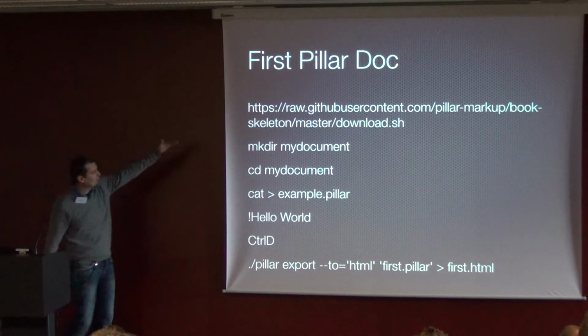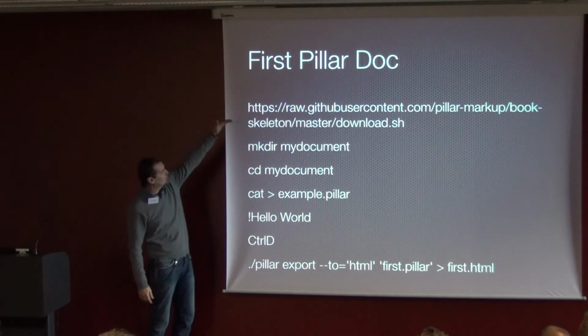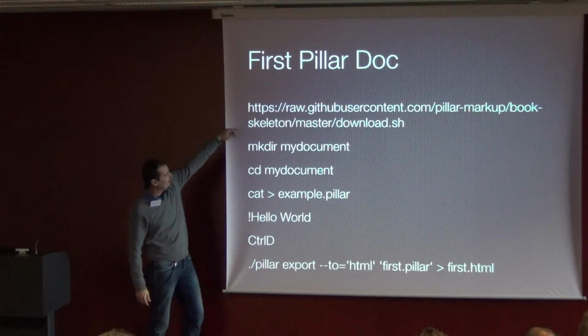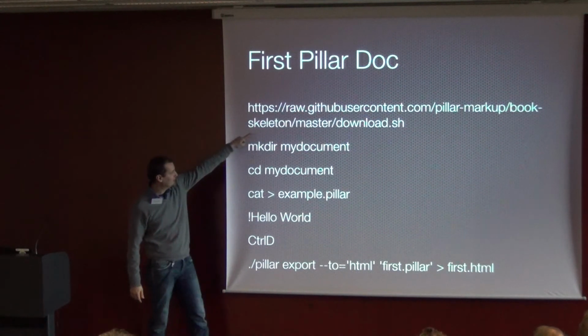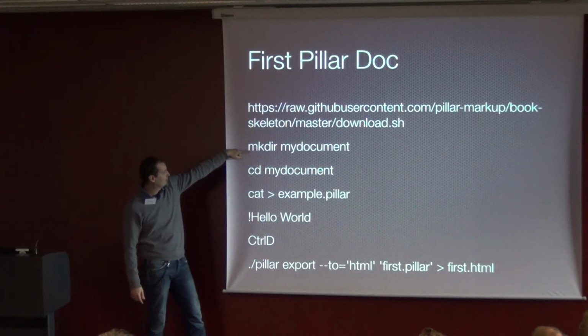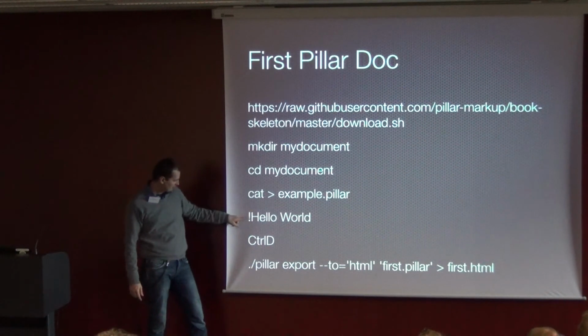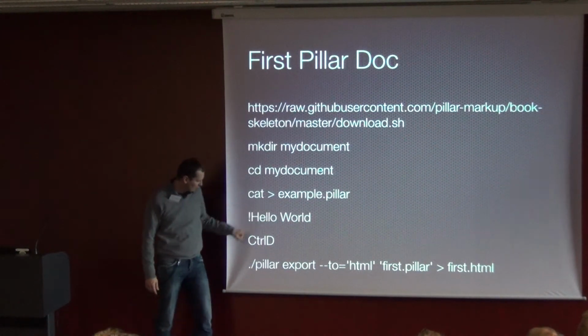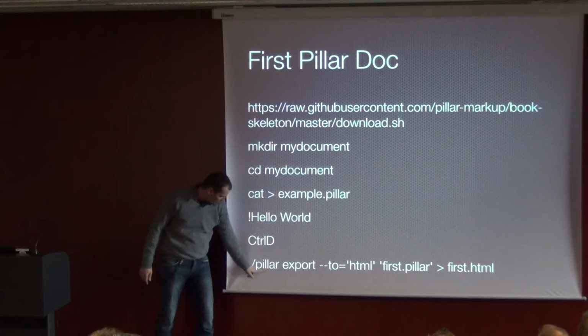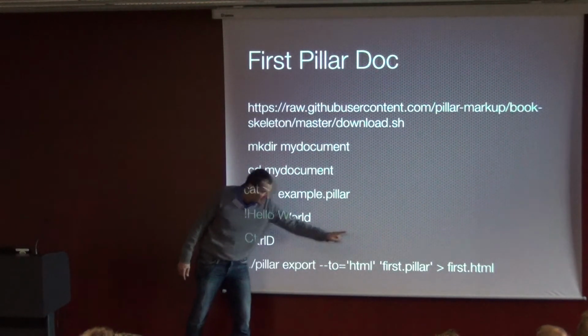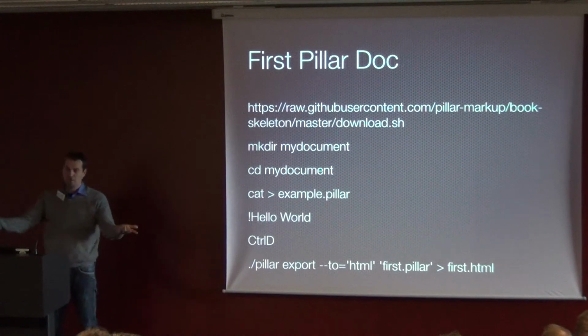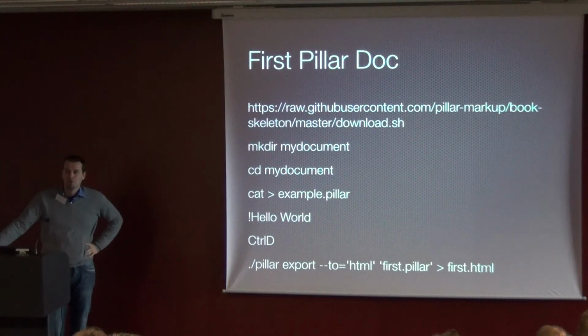So normally this is the way you can write your first Pillar doc. You go there, you download the skeleton, you create my document, cd my document, you type something like !hello world, Control D, and you type pillar export and so on, and then you get an HTML version of your document.